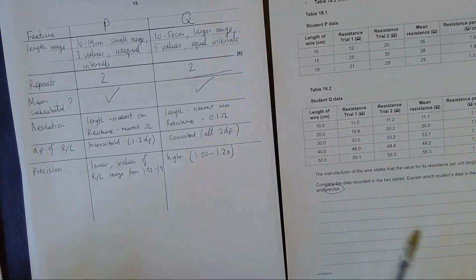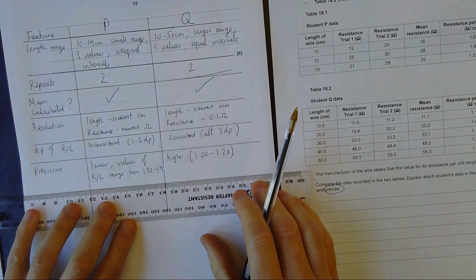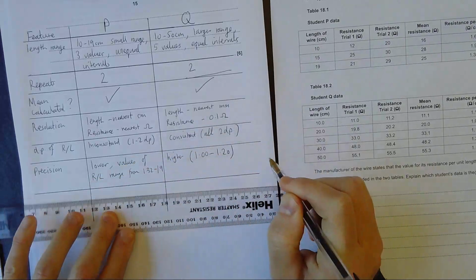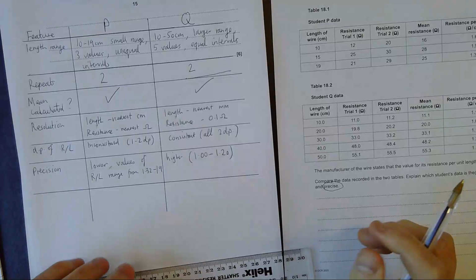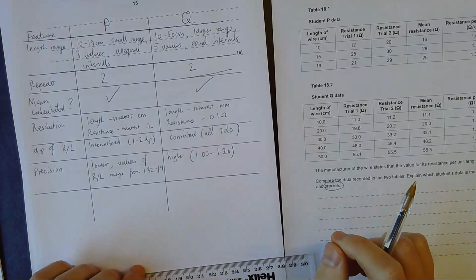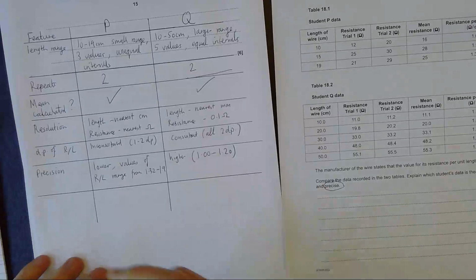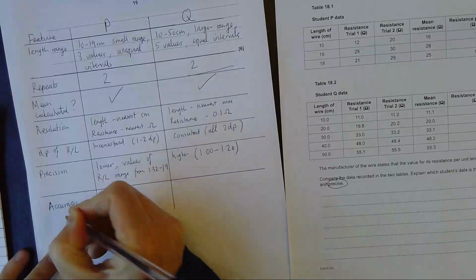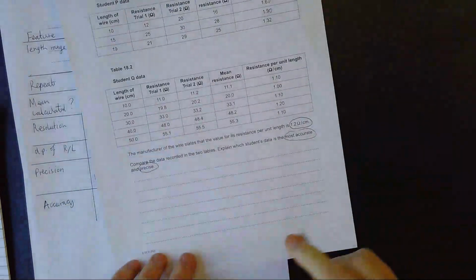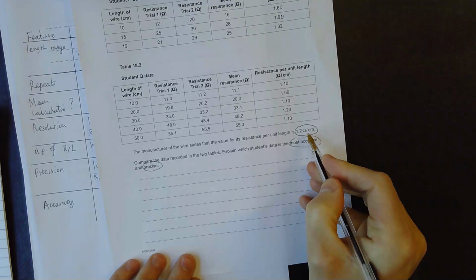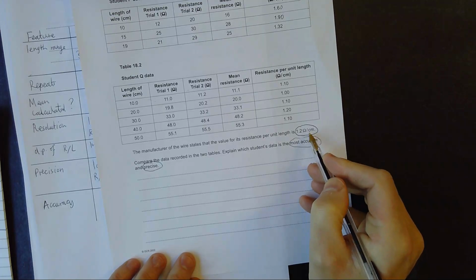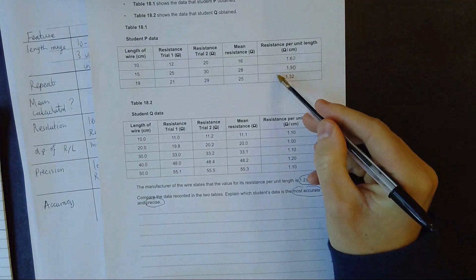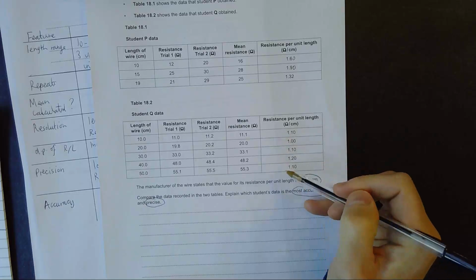And then the final thing is let's compare the accuracy. Precision is the spread or range of your measured values and how close they are together. Accuracy is how close you are to the true value. So this is where this value of 1.2 ohms that we've got from the manufacturer, we're going to take as the true value, this is ultimately what we should be measuring here.